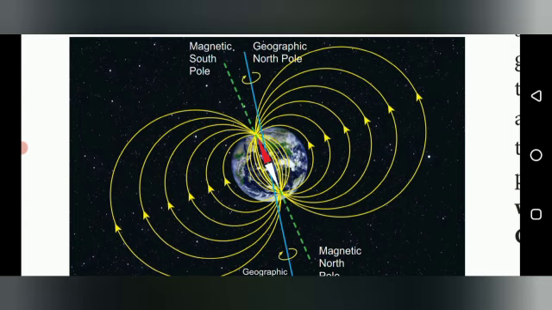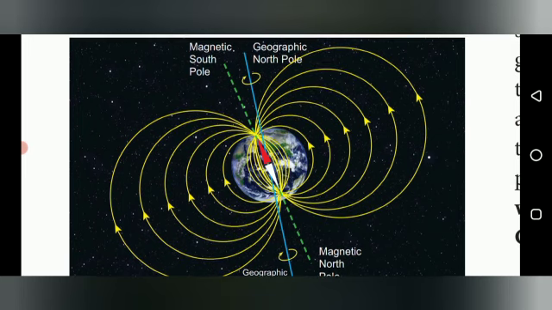It produces magnetic lines of force from the poles. The yellow lines here represent magnetic lines of force. Already you know that the lines are produced from the north pole and merge at the south pole, so the arrow symbol goes to the south side. So this is the Earth's magnetic field.